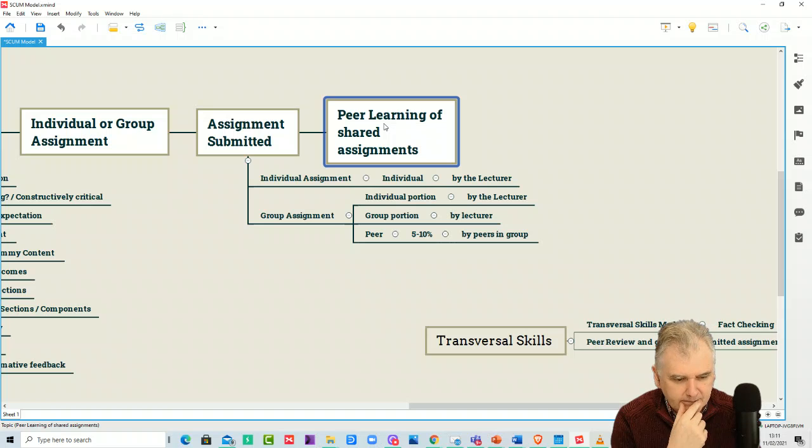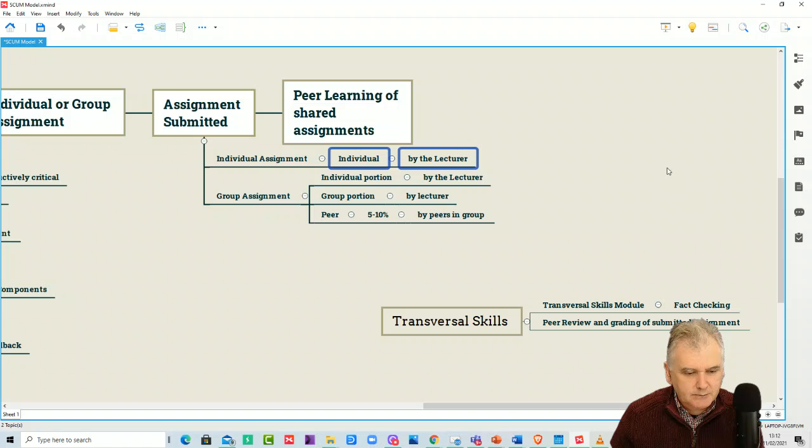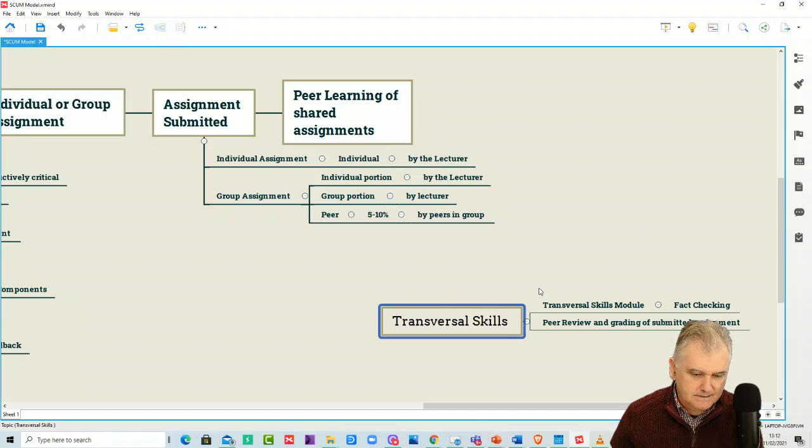So we got into that conversation and talked about maybe having some sort of peer rating process, whereby, for example, a learner would look at 4 or 5 other assignments and critique those in terms of quality and discussion and all that kind of stuff. We came to a conclusion that logistically that would be very difficult to do, but it could become a better assignment in the transversal skills module.